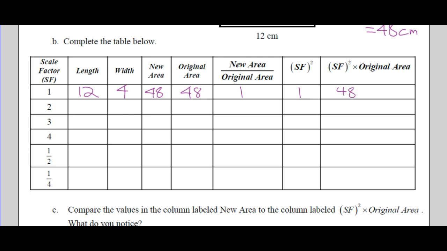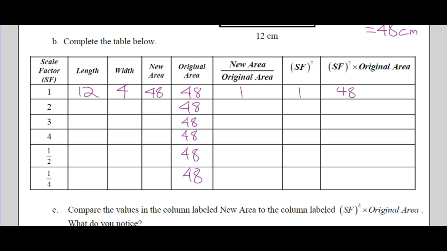Okay, so I have filled in the first line for us, right? We're using the original object on the first line. So scale factor of 1, you're not actually changing anything. The length is 12, the width is 4. The new area, same as the old area, is 48. As a matter of fact, the original area is always 48.